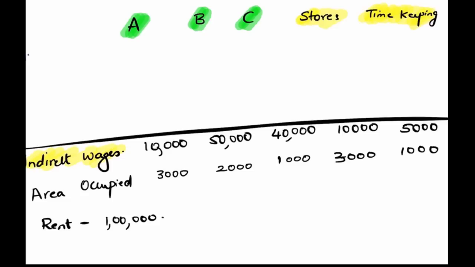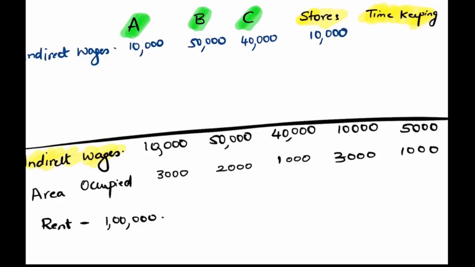So first, indirect wages: 10,000, 50,000, 40,000, 10,000 and 5,000.